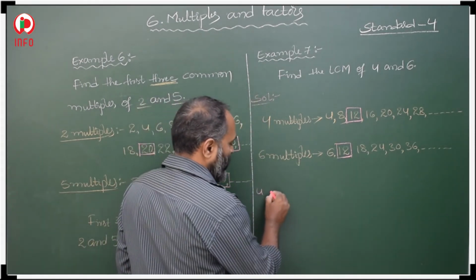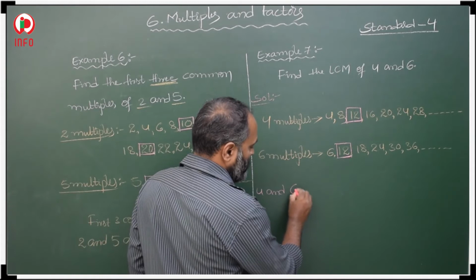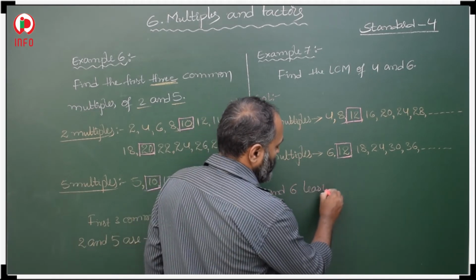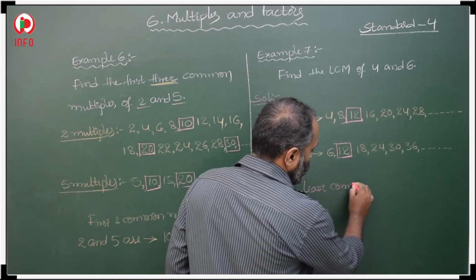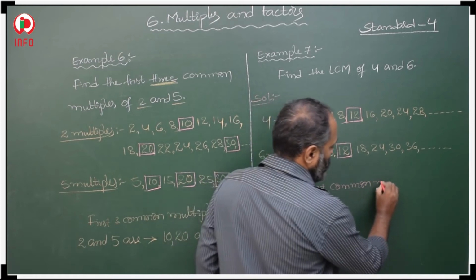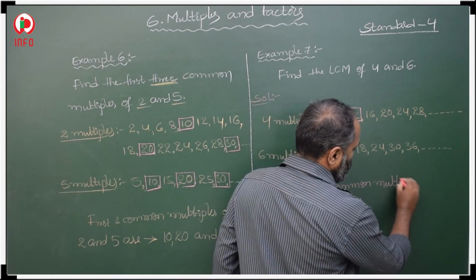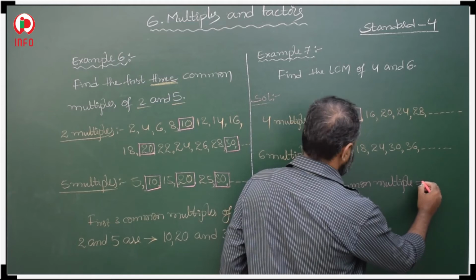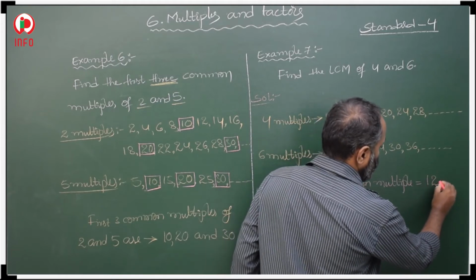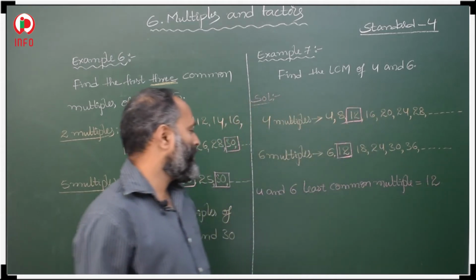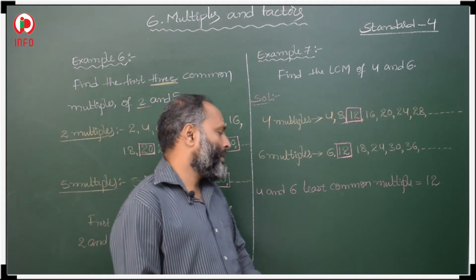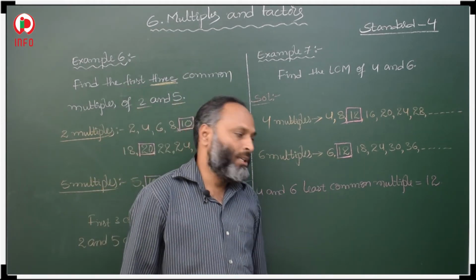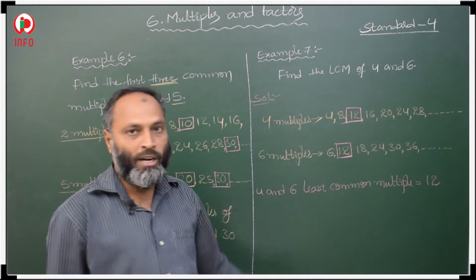So for 4 and 6, the least common multiple is 12. That is called the LCM of the given numbers 4 and 6.